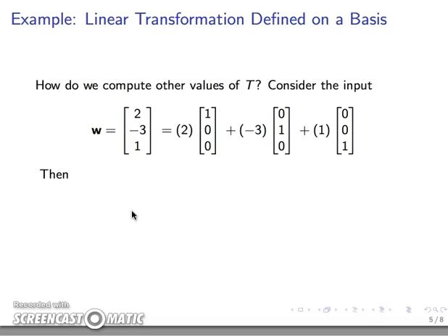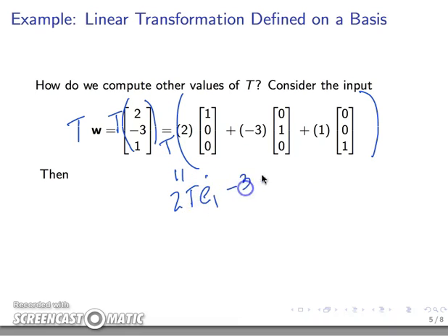And so what we want now is to evaluate T. It's like evaluating T here on the left, and T of this would be T of that, and because of properties of linearity, this becomes 2 times T of E1 minus 3 times T of E2 plus 1 times T of E sub 3.